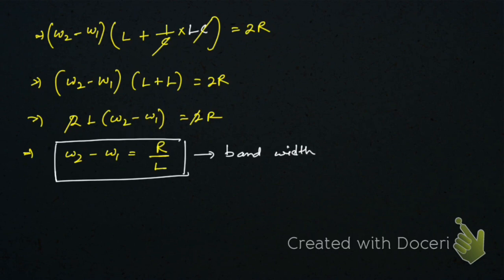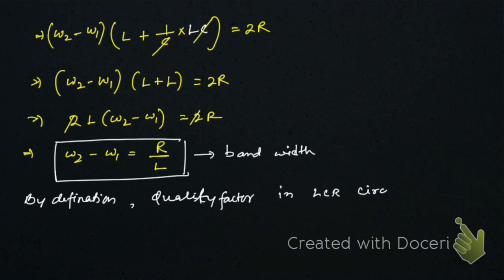And according to the definition of quality factor in an LCR circuit, Q is equal to the resonant frequency omega r divided by the bandwidth.